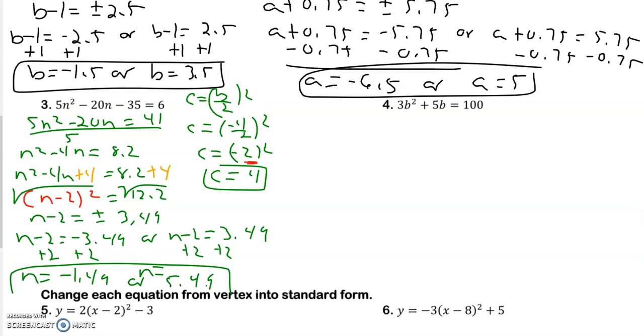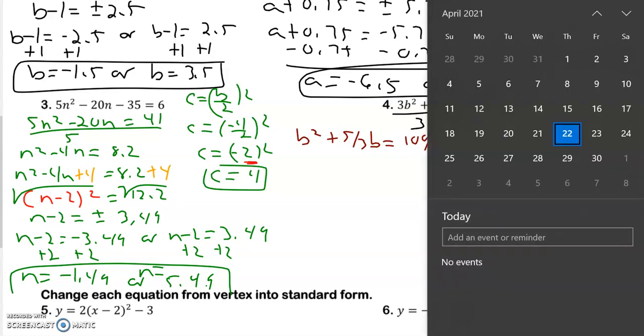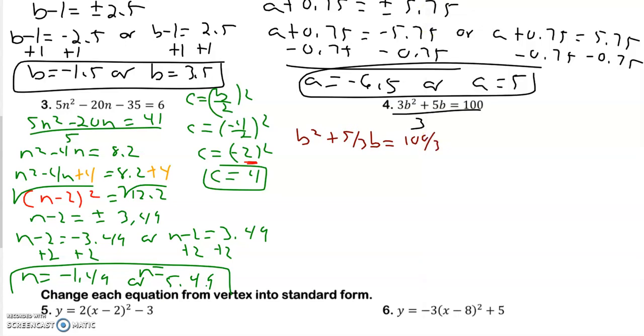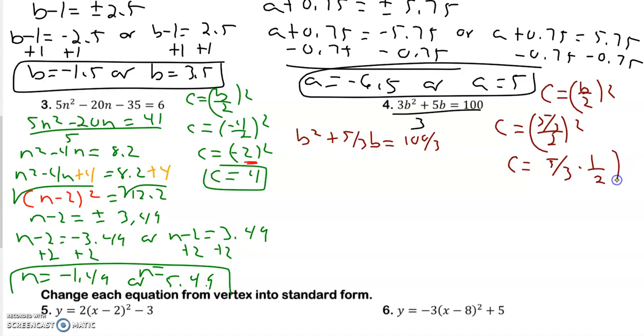So the last one, again, it's in the right form, so I'm going to divide by 3, and then I'm going to have b squared plus 5 over 3b equals 100 over 3. So I'm going to get c equals b over 2 squared, and I have c equals 5 over 3 times 1 over 2 squared.